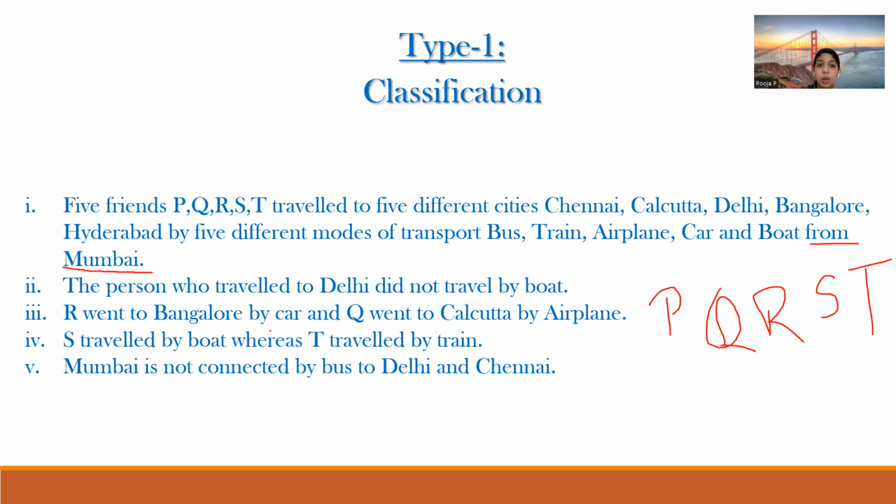R went to Bangalore by car. So R went to Bangalore and the mode was car. And Q went to Calcutta by airplane. So Calcutta by airplane. S traveled by boat, whereas T traveled by train.